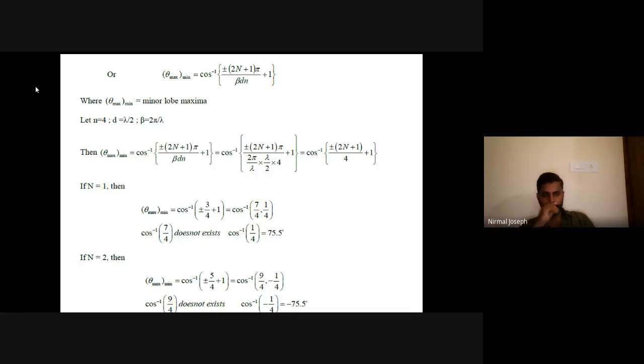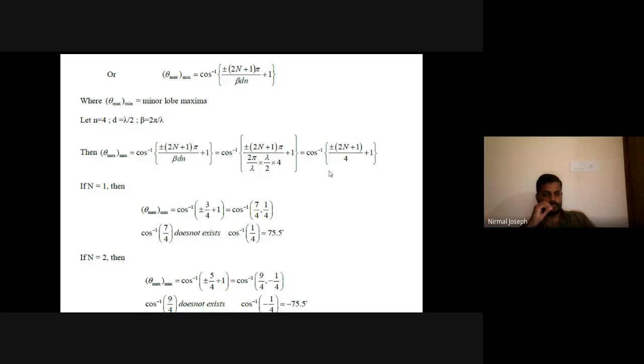That gives the direction of the minor lobe maxima, cos inverse of 2n plus 1 divided by 4. Here n equal to 0 corresponds to the major lobe maximum, and n equal to 1 corresponds to the minor lobe maximum. So we give n equal to 1.